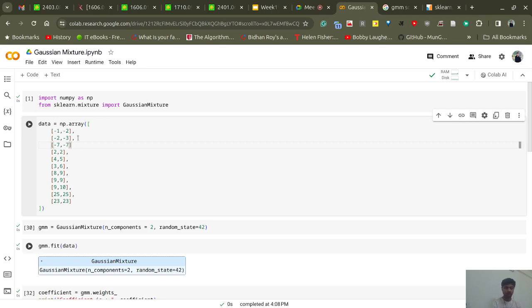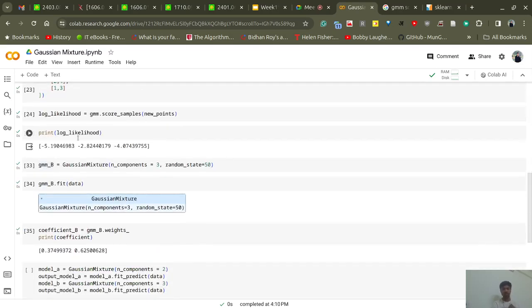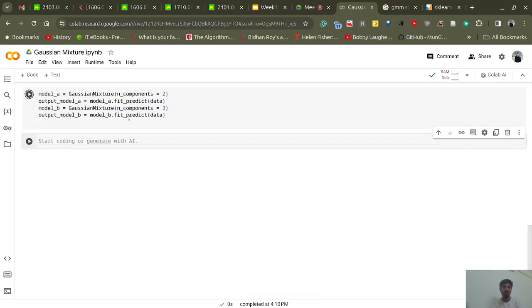It will be better if we use a larger dataset. If we use a larger number of data values, then maybe a larger number of points will get separated in one model from the other. Okay, so we have two models, one with n_components equal to 2, another with n_components equal to 3. So let's run this and find the outputs.